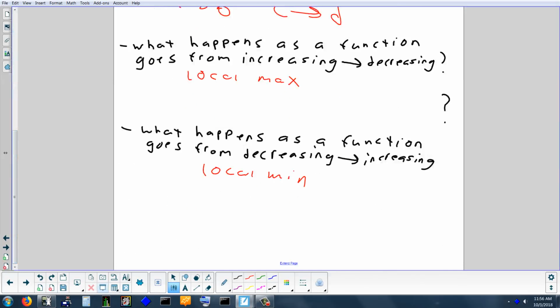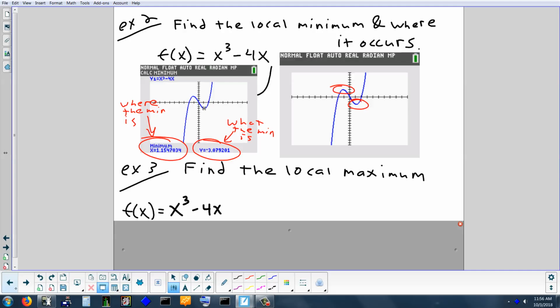Right. So if you can find local maxes and mins, if I go back to this problem, you could tell me where this function is increasing and where it's decreasing. I didn't find this one, but I think it comes out to negative 1.15. So if I find it, this function is increasing up to the red dot, and it's increasing from 1.15 forever.